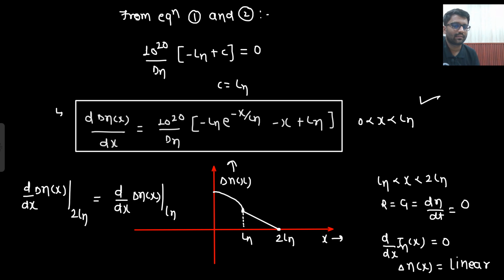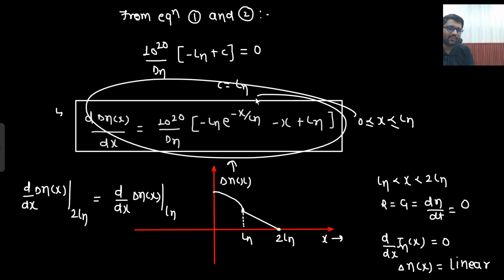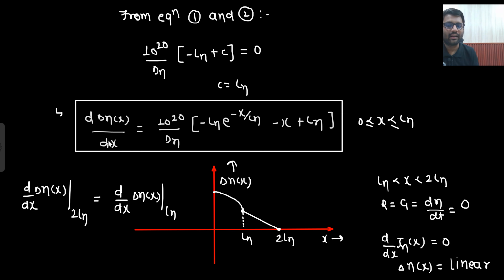Yes, because this is going between 0 to ln, no? So in this equation, if I put x equal to ln, then I will be able to get this value, and that will be equal to this value. Basically, this graph is continuous. Whatever slope you get at ln, it's not that it is breaking at ln.